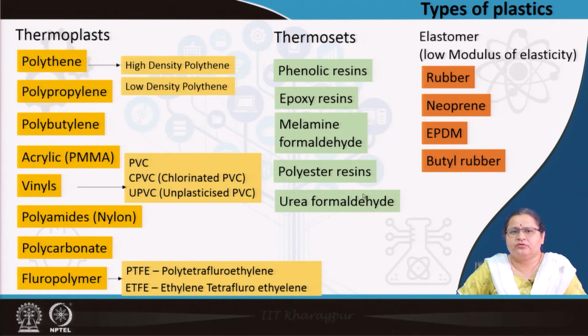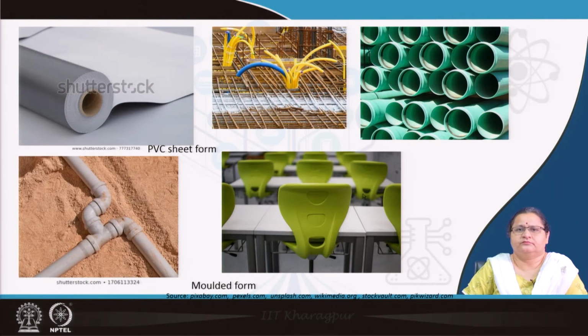So, if you remember this slide, these are the major types of plastics used in our domain. So, you see sheet form, you see molded form, you see molded forms of chair. This is again repetition of the pictures.